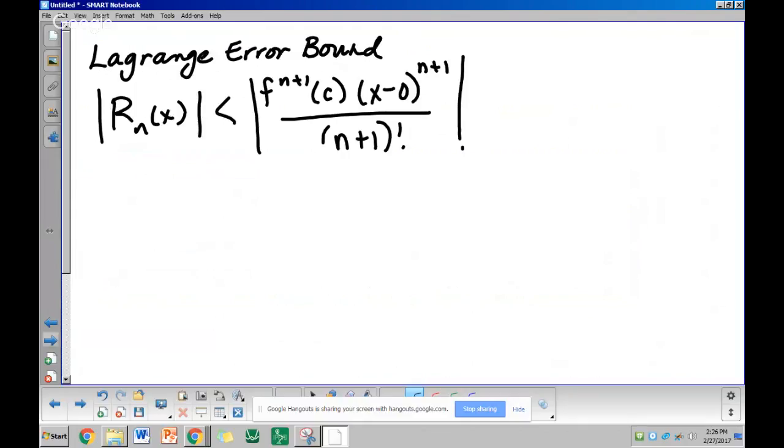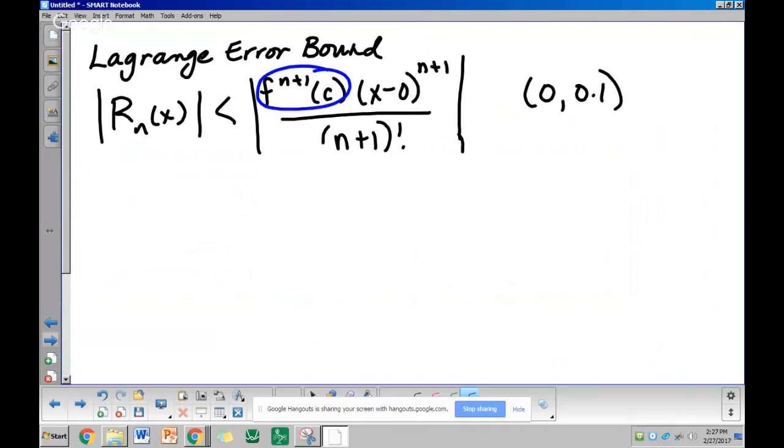And in this case, our interval is from 0 to 0.1, because that's where I'm estimating. I said that this right here was the maximum of the n plus 1 derivative that we used. We used the second degree Taylor polynomial, didn't we?